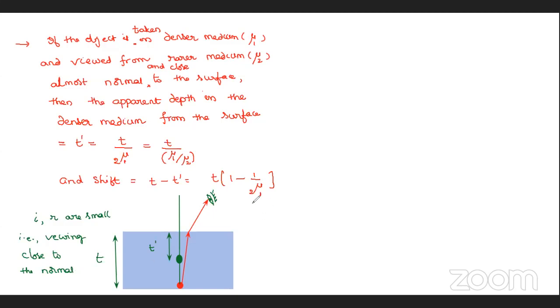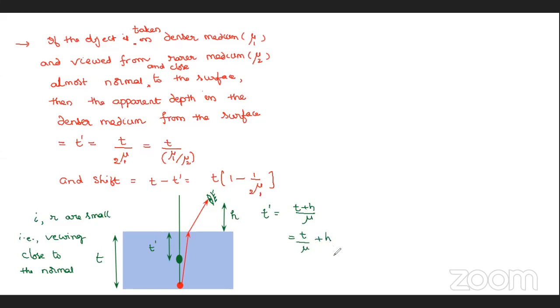Suppose I give the height of the eyeball as this height. If I say some H, will you write T dash is equal to T plus H by mu, or else T by mu plus H, which is correct?